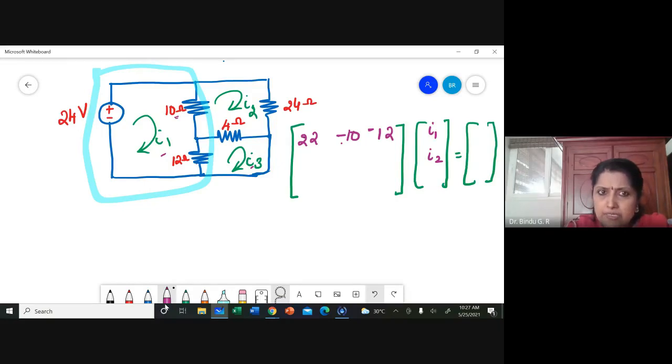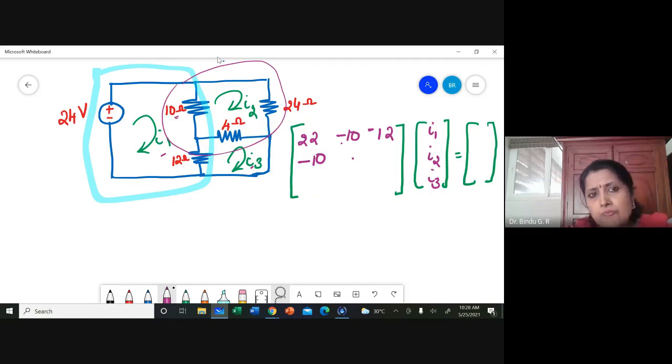Now I'll be considering the second row, which is concerning the second mesh. So A21 is the same as A12, that is minus 10. A22 means all those elements which are connected to mesh 2. Mesh 2 is this, as you know.